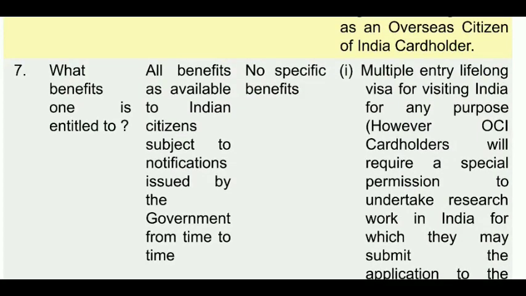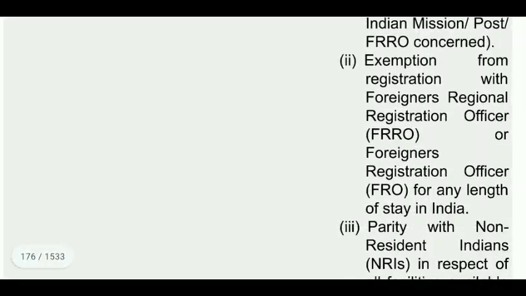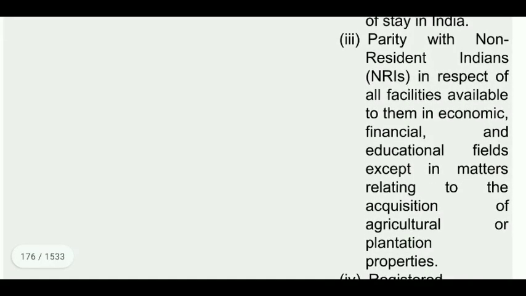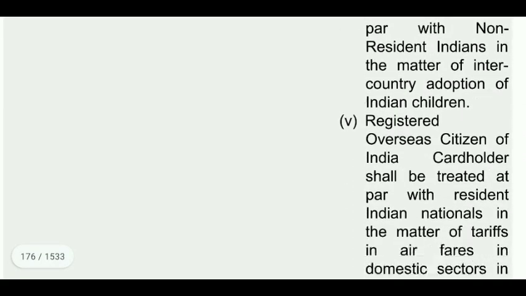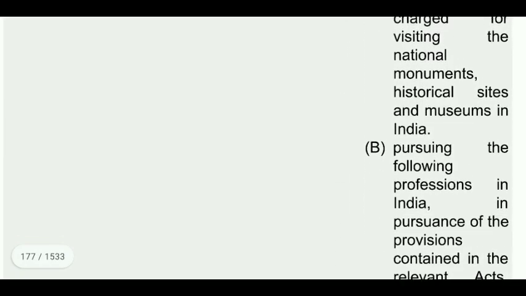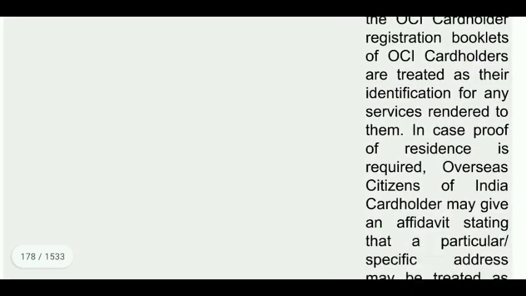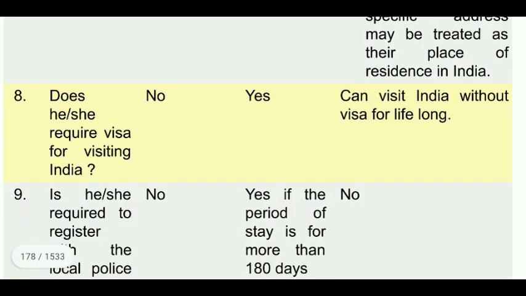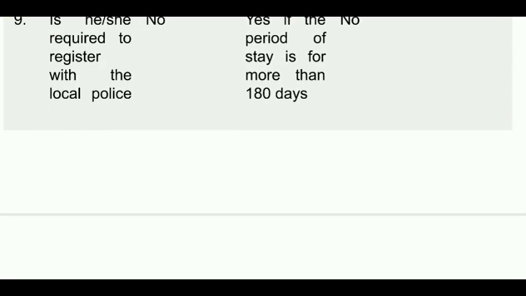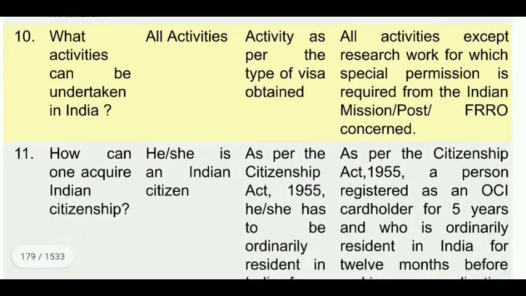What benefits one is entitled to. Next. You can see it goes on. Number 8, does he or she require a visa for visiting India? Number 9, number 10, 11.